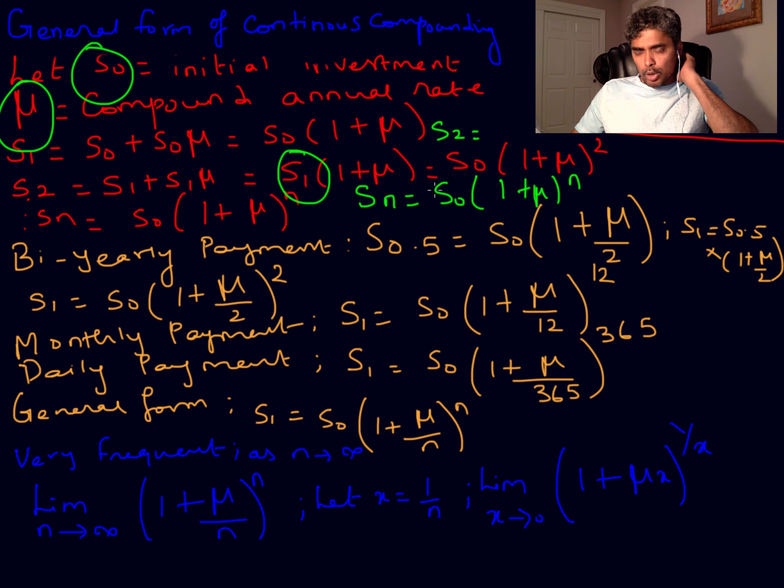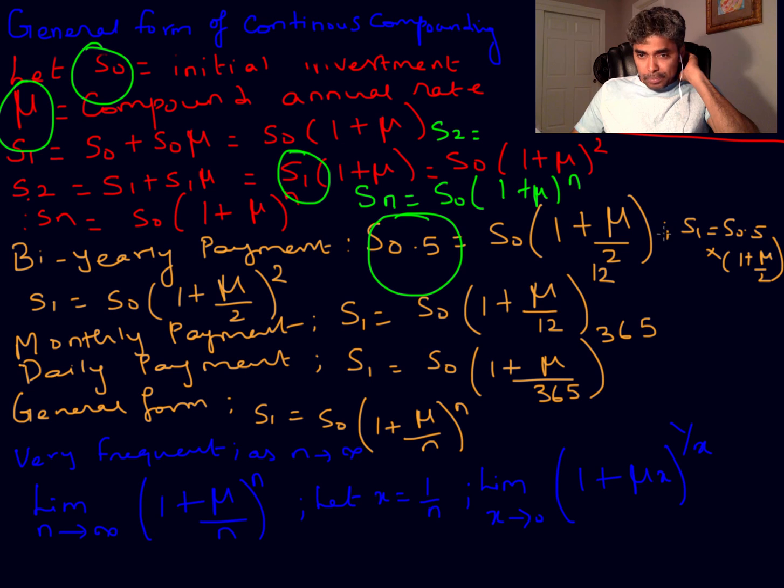But there are scenarios where the interest is paid more often than yearly. So let us say that if the interest is paid every 6 months, in that case S0.5 is going to be the return after the 6 months. The rate for 6 months is going to be mu by 2.